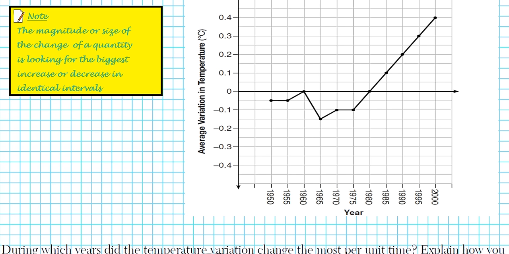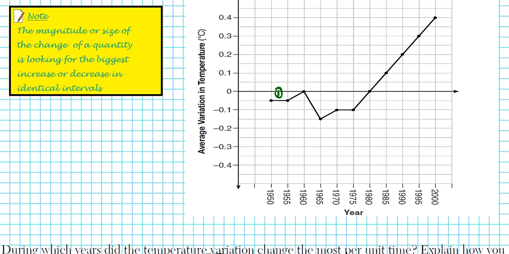So what we're going to be doing is looking at each 5-year interval. We're going to be looking at how much the temperature rose or fell, and then the biggest rise or fall for any interval will be our correct answer. All right, so how many intervals do we have here? We're looking at 5-year intervals.